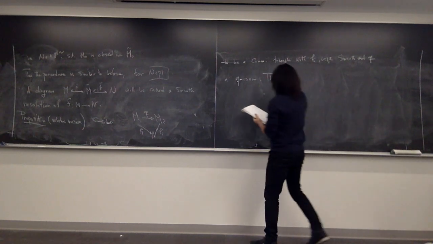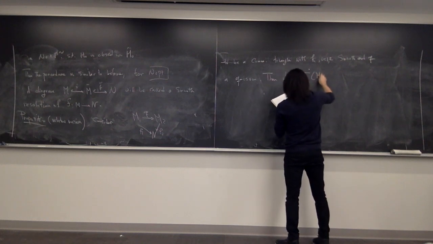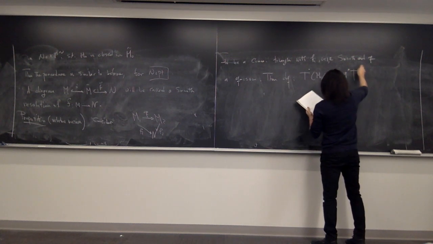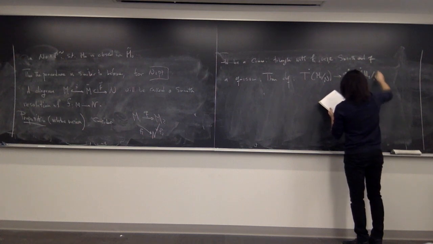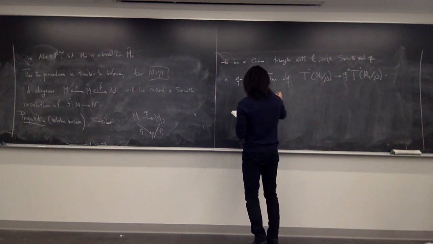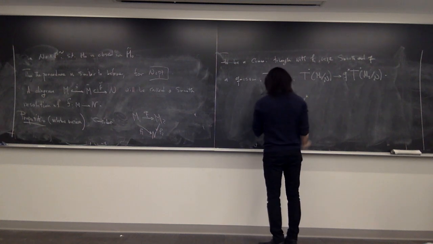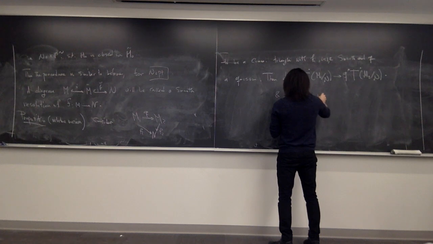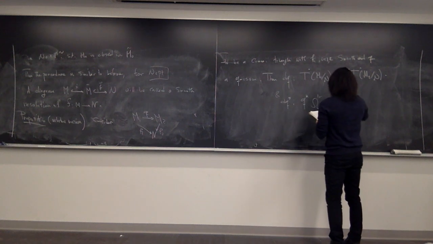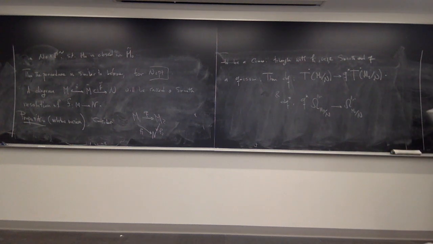Then P of Q is the morphism on the level of the DG tangent sheaves, from the tangent sheaf of M1 over N to the pullback of the DG tangent sheaf of M2 over N. And dually, via this you can pull back things: it takes you from the sheaf of relative differentials of M2 over N to the sheaf of relative differentials of M1 over N. Okay?